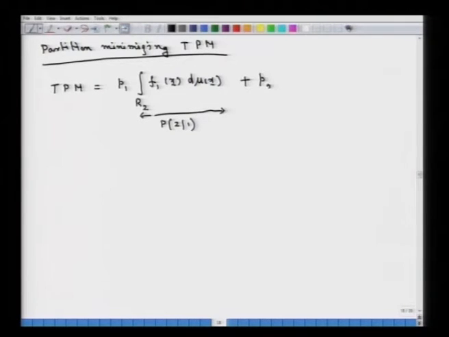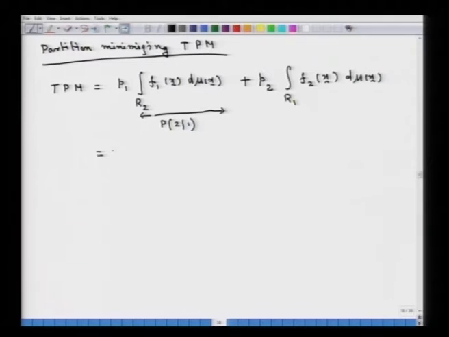Plus P2 times P(1|2), which is now going to be given by the integral over the region R1. It is coming from the second population, so it has density f2(x) with respect to the underlying measure.